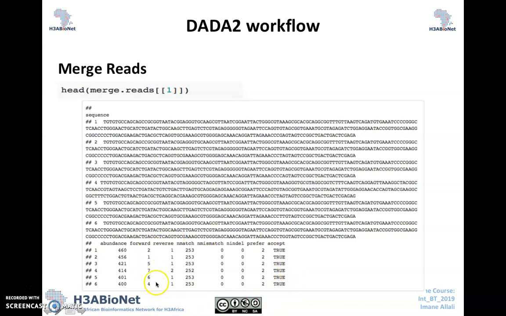Each data frame contains the merged sequence, its abundance, the index of the forward reads and the index of the reverse reads, so which ones were used for merging. And also we have the number of matches, the number of mismatches, and so on. The paired reads that did not exactly overlap will be removed by mergePairs.